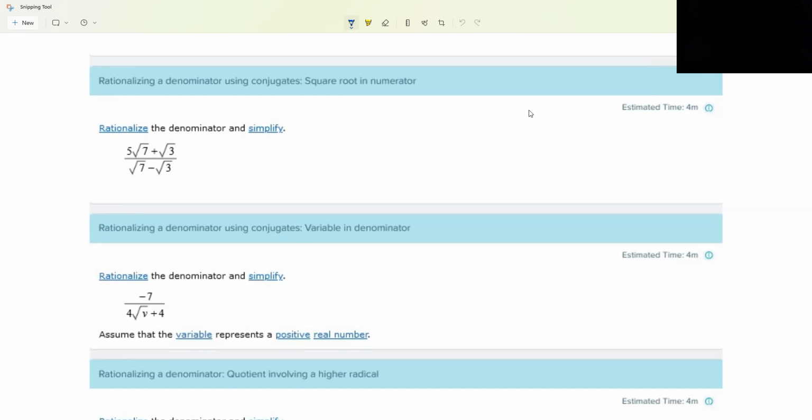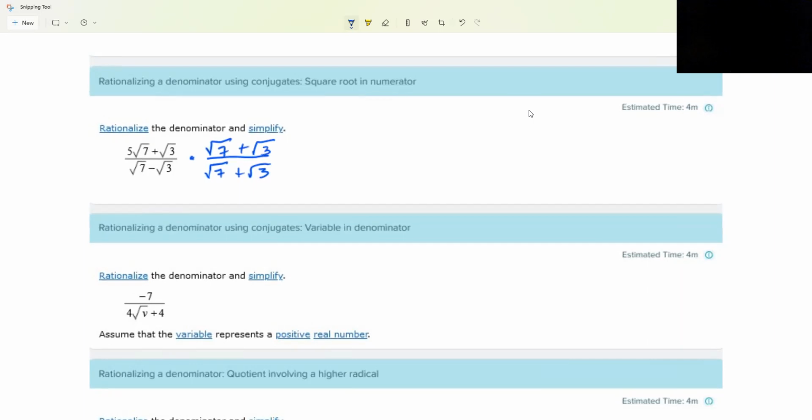And so the way that I'm going to take care of this thing here is I'm going to multiply it times its conjugate. Okay, and all that really means is this is the square root of 7 minus the square root of 3, so the conjugate there is going to be the square root of 7 plus the square root of 3. Okay, but I need to do the top also.